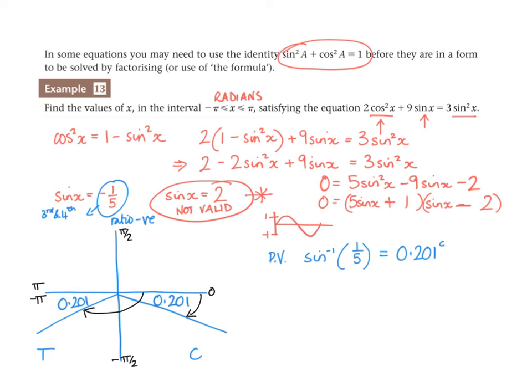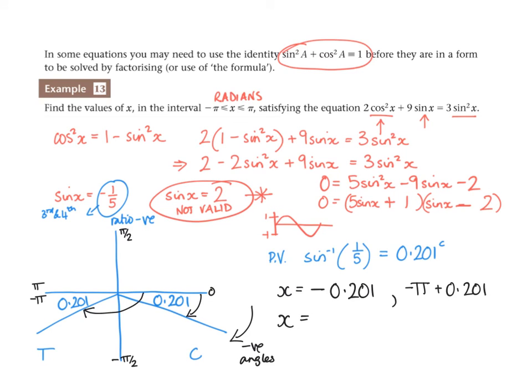So looking at what we have then, x is going to be equal to minus, because we're going in this direction, so that's negative angles. So minus 0.201, and the other one is minus pi plus 0.201.